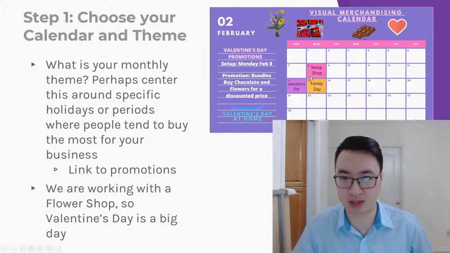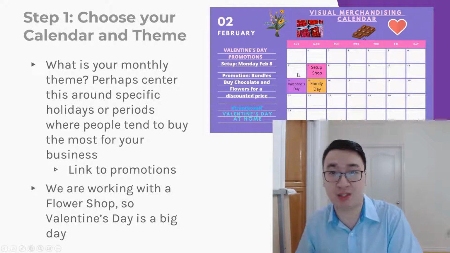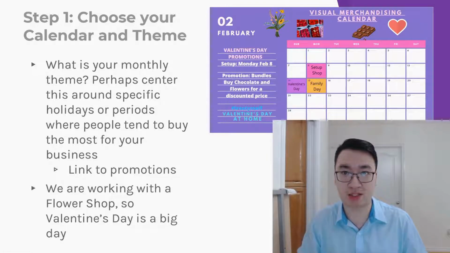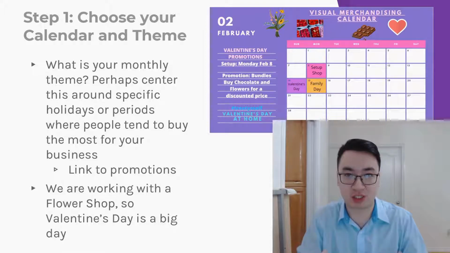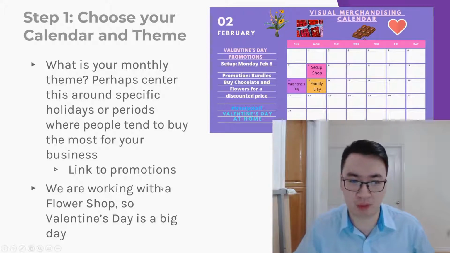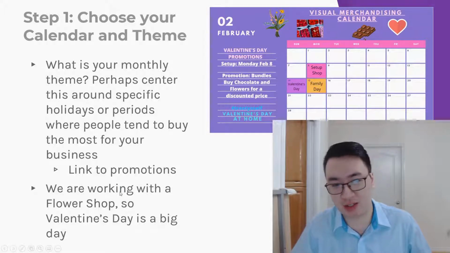So I decided to center this around Valentine's Day. Maybe in other months such as Christmas or December, those holiday spending seasons, maybe some more holiday focused flowers and poinsettias as an example. And we're working with the flower shop, so Valentine's Day is a big day.